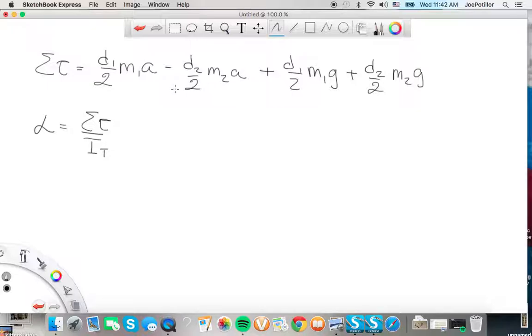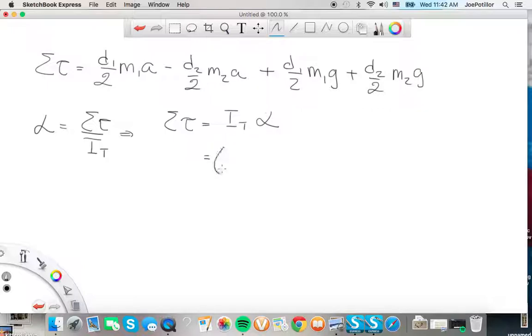But we're going to do some manipulation in this equation. From here, I can state that the sum of torques is equal to the total moment of inertia times alpha, the angular acceleration. Okay. So from here, I know what this will be.